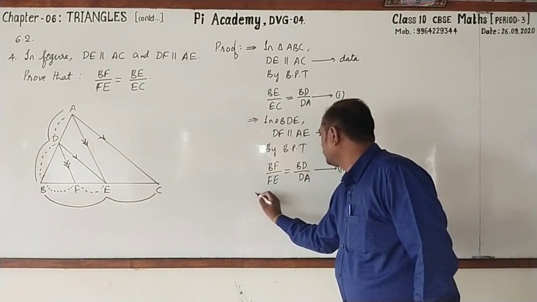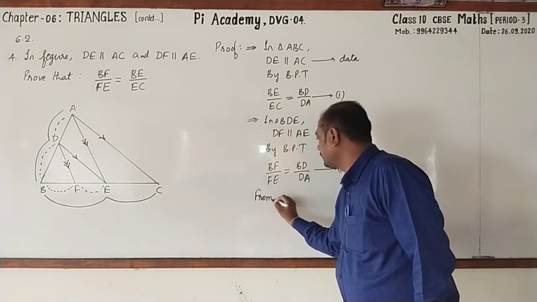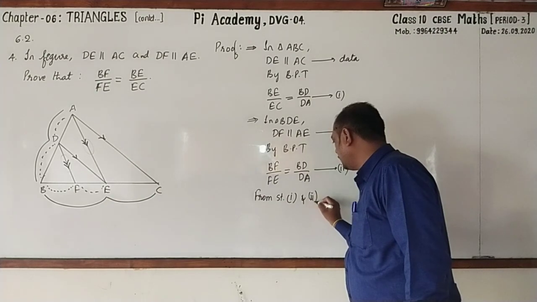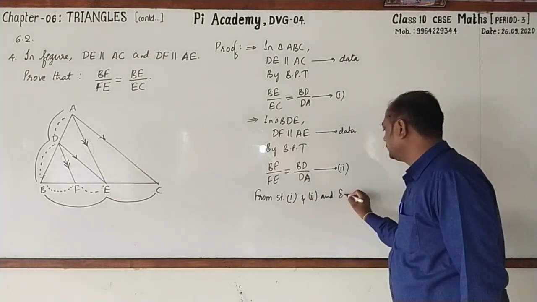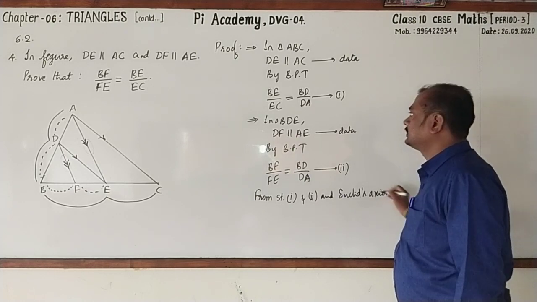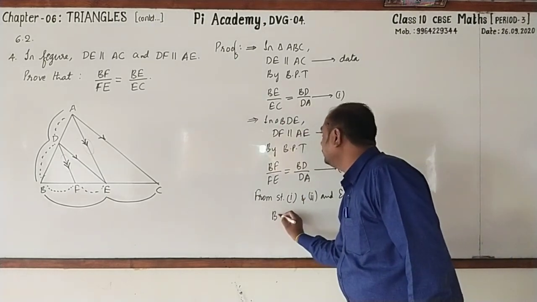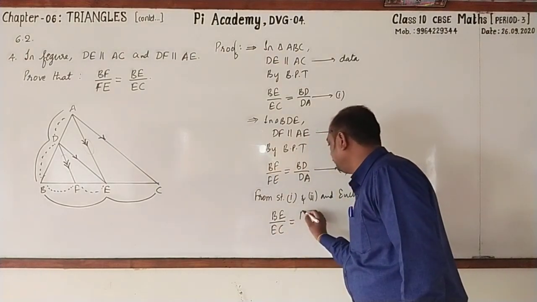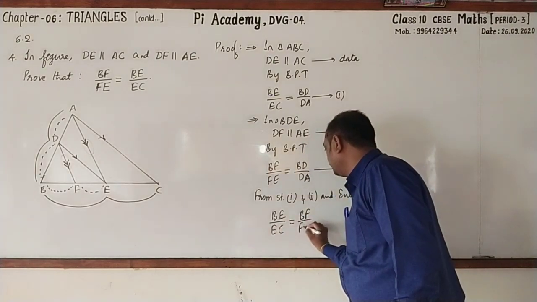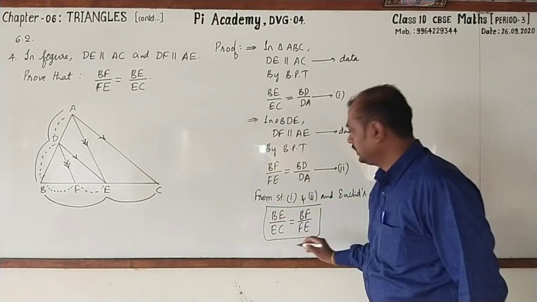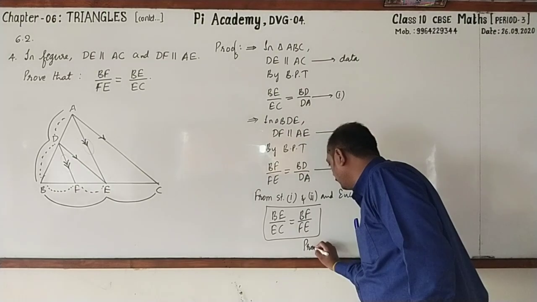Here, from statements 1 and 2, and the axiom, that is Euclid's axiom, we can write BE by EC is equal to BF by FE. See that? Hence, the statement is proved.